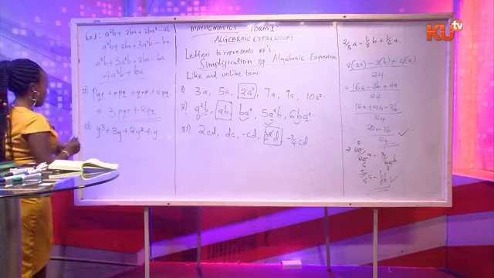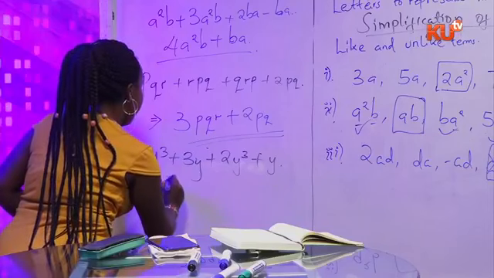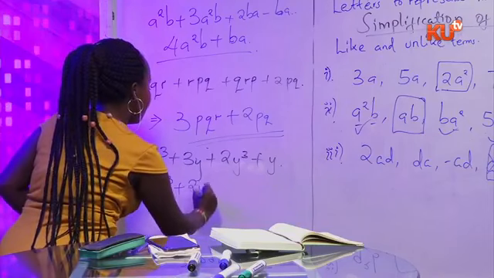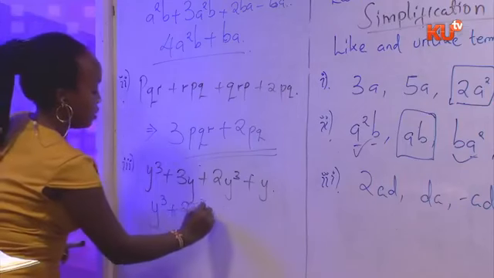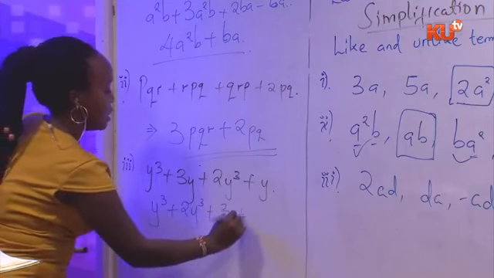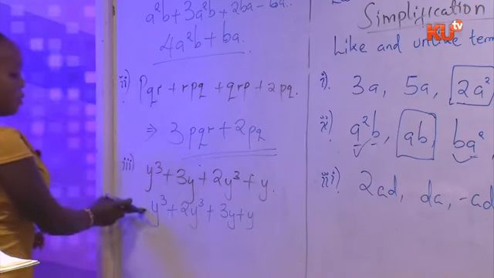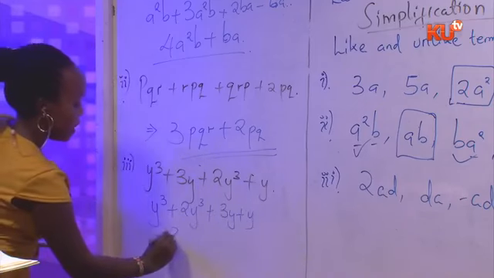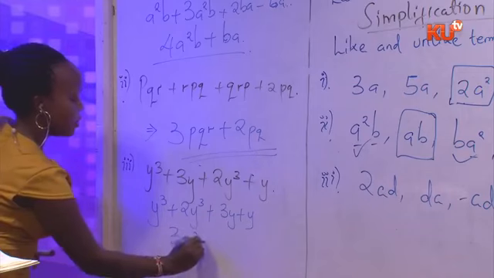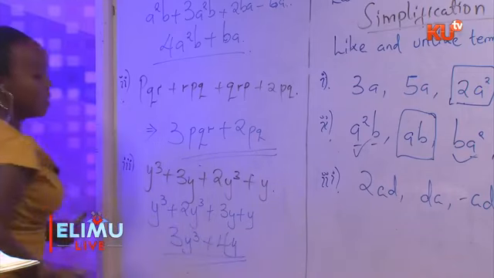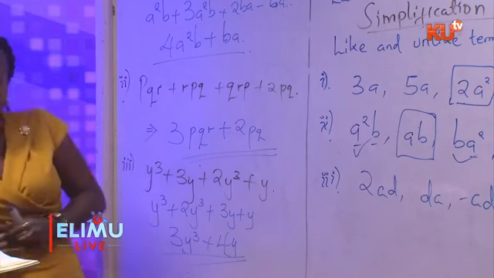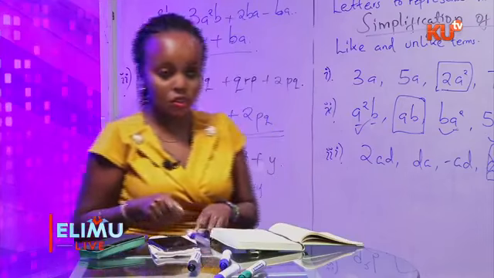So we collect like terms, which will be y cubed plus 2y cubed, and then we have a y here and a y here, so plus 3y plus y. So y cubed plus 2y cubed is 3y cubed, plus 4y. So that gives you the answer. So that is how we simplify algebraic expressions.